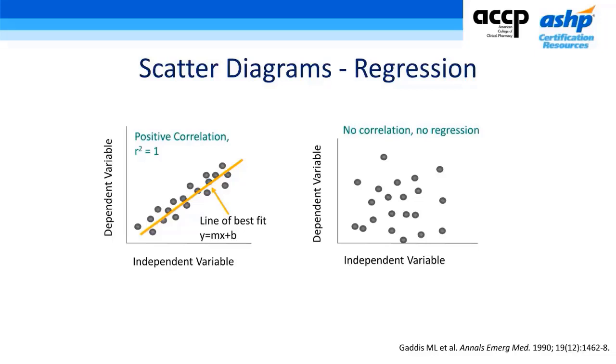And then the line through is the line of best fit, Y equals MX plus B. And then on the right-hand side of the slide for the scatter diagram, if you have no correlation, you are not going to have any regression between the variables. And so you really can't nicely determine the line of best fit in that situation.